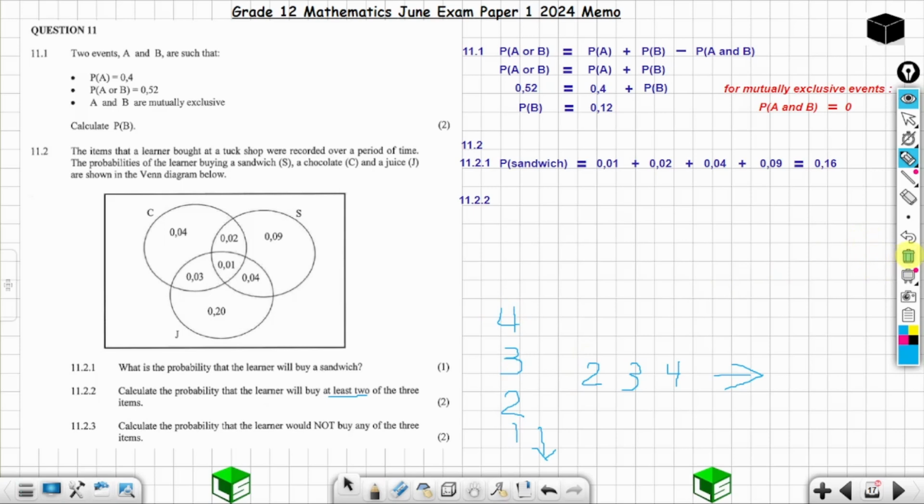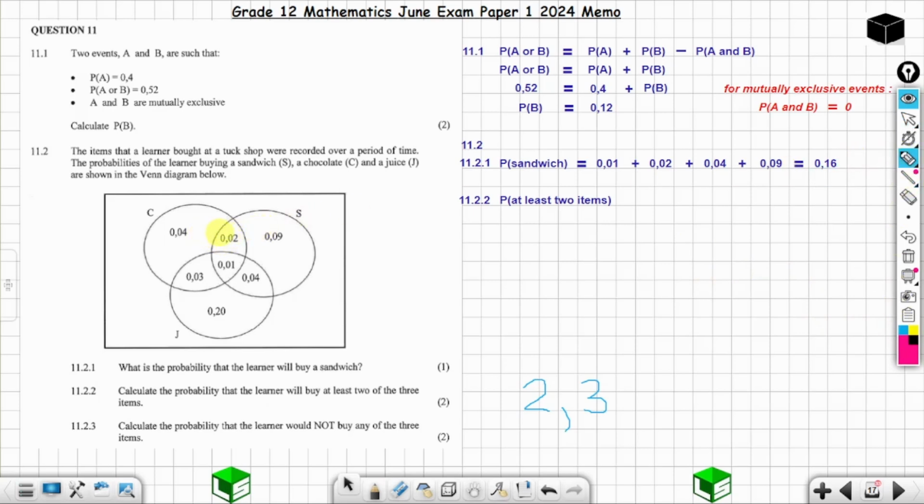So we have to choose 2 items and 3 items because the maximum is 3. So at least 2, we start at 2, going to 3.